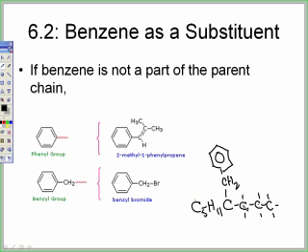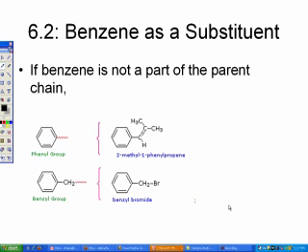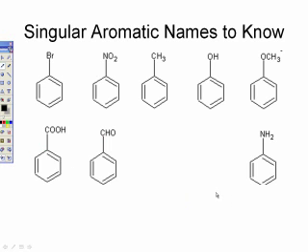So I've got 1, 2, 3, 4, 9 carbons, and this is my benzyl substituent. So the CH2 is connected to the chain, but then you've got your benzene ring off of the CH2. So that's benzyl. So again, don't freak out about the aromatics because their rules for naming are pretty fast and loose, and it's not worth getting stressed over.